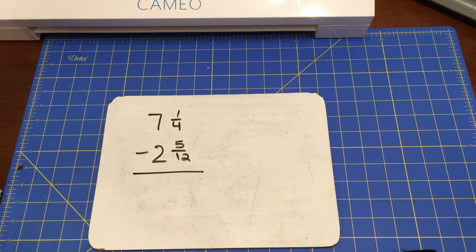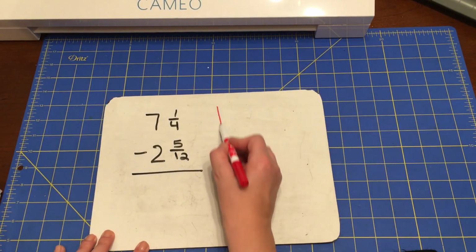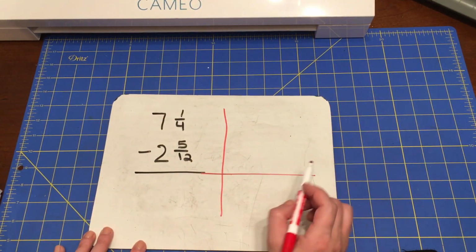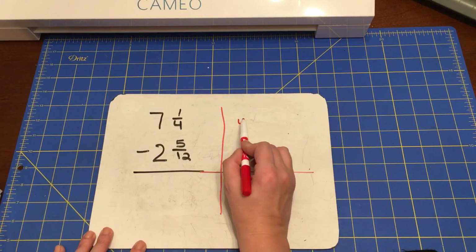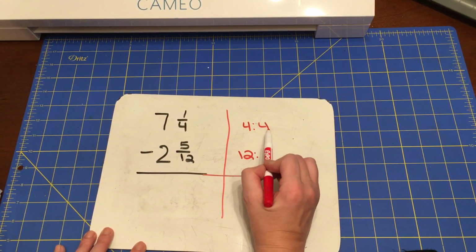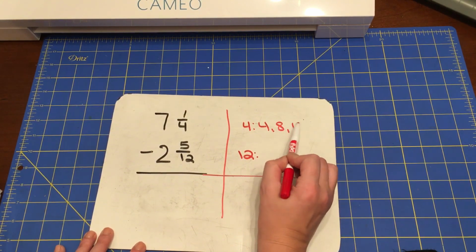All right, so you guys should have gone ahead and solved this problem. So now I'm going to go through and show you how to get the correct answer. So first thing, I need to convert these fractions to have the same denominator. So I change my color here. So my two denominators are 4 and 12. My multiples of 4 are 4, 8, 12.